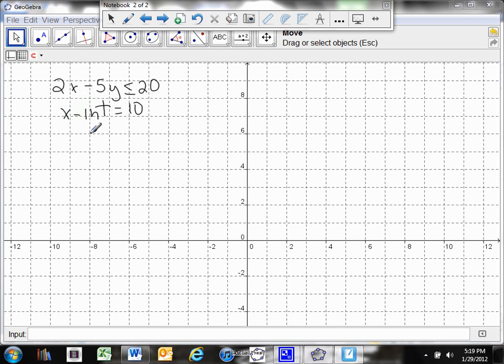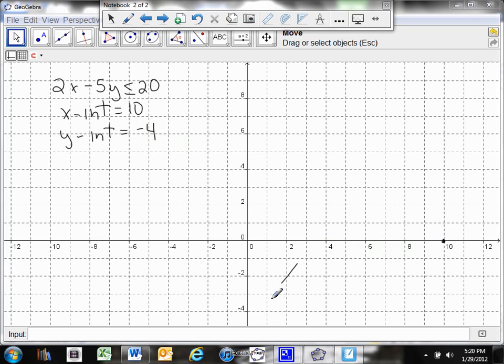So I'm going to put a dot at 10. And for the y-intercept, I would take 20 and divide by -5. And that gives me a -4. So when I do my graph, and I'm going to do it the same way you would do it, I would put a dot at 10.